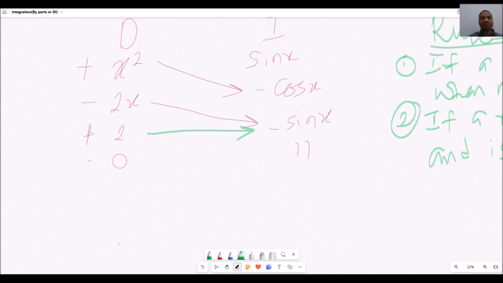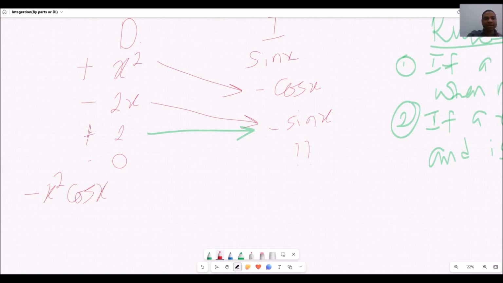You see, x squared and sine x, I cannot easily integrate, so I have to use by parts. 2x cos x, I cannot. Here I can, because this is just integration of minus sine x. So I multiply diagonally: minus x squared cos x, done.